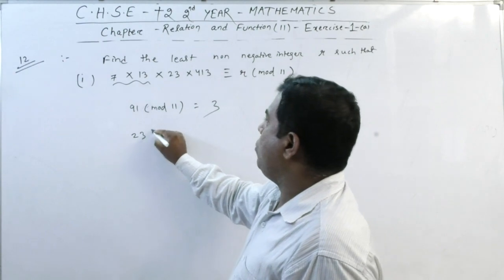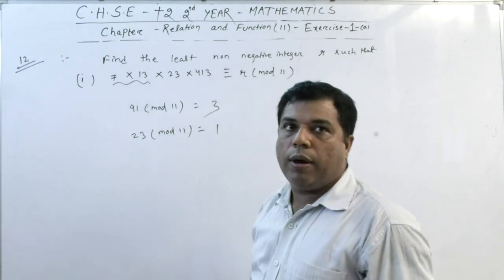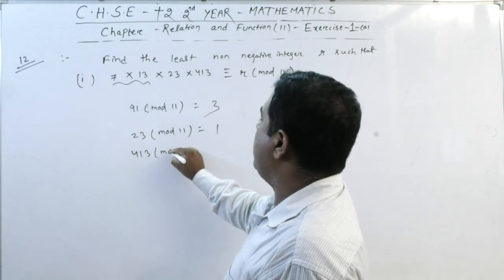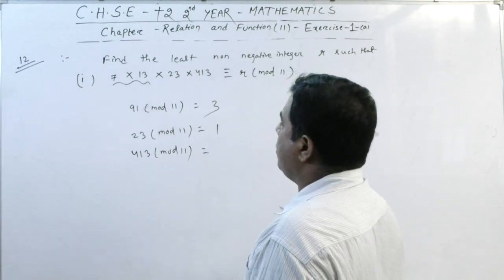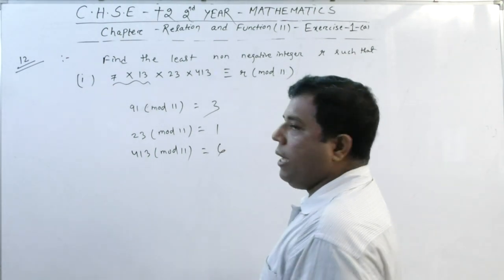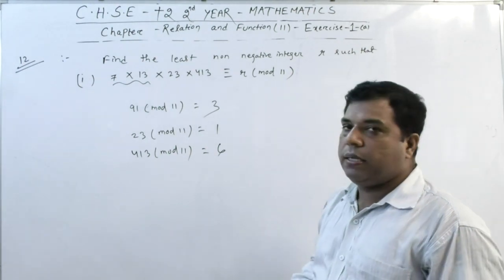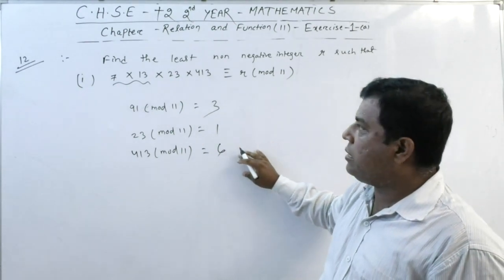When 23 modulo 11, you get the remainder 1. When 413 modulo 11, you get the remainder 6. In this way you get the results 3, 1, and 6.